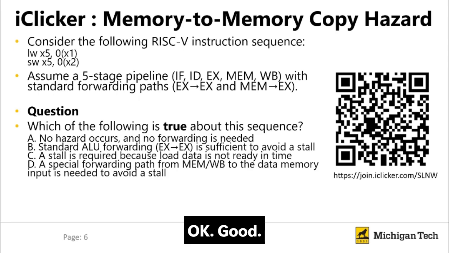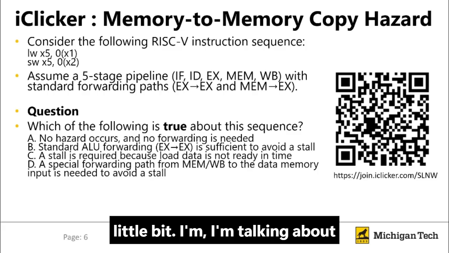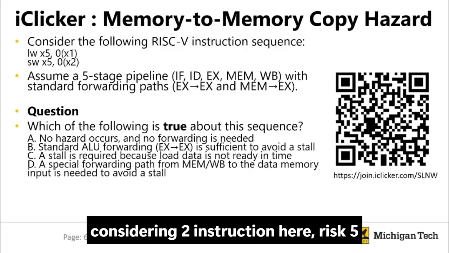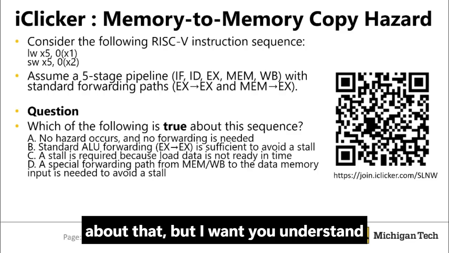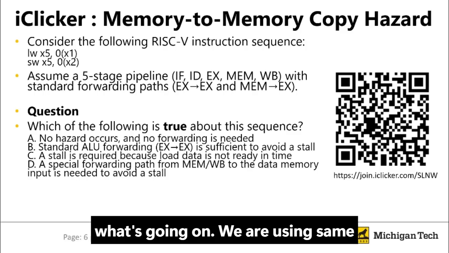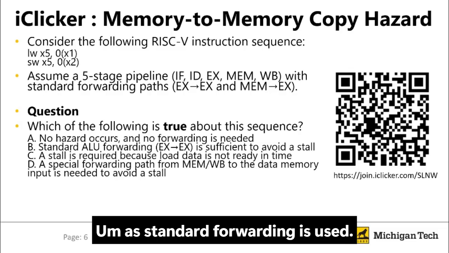Okay, good. Let me explain it a little bit. I'm talking about considering two instructions here, RISC-V load and store. I already talked about that, but I want you to understand what's going on. We are using the same 5-stage pipeline in this computer, and standard forwarding is used.